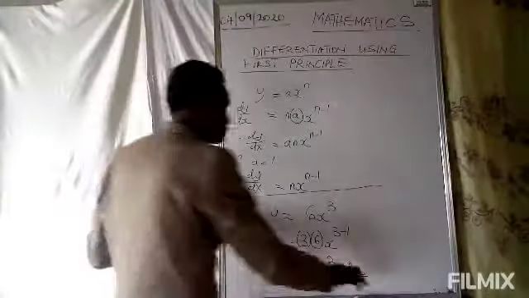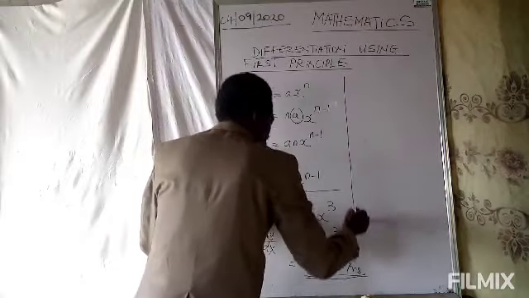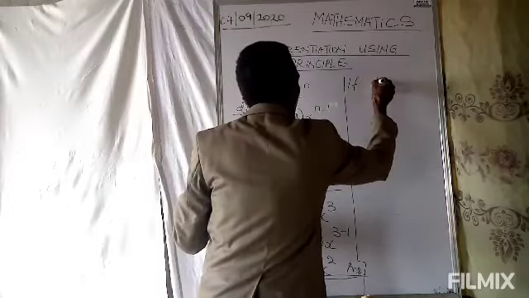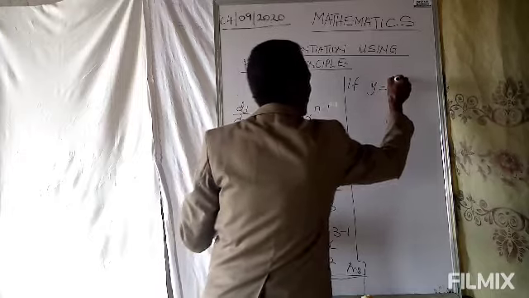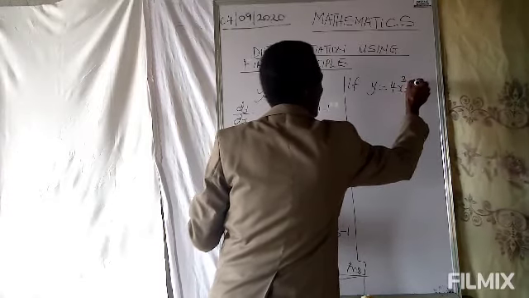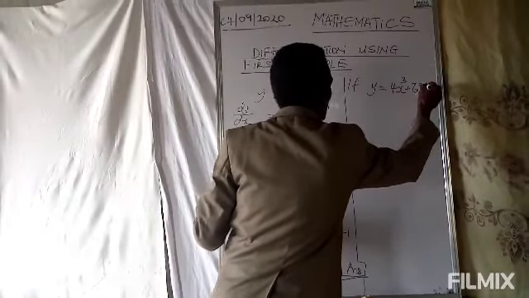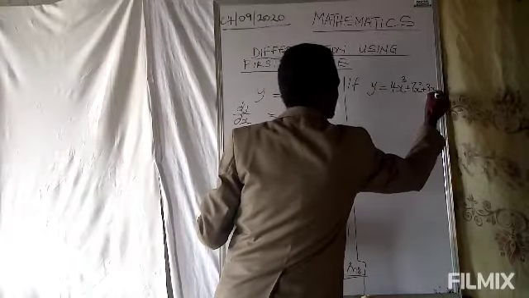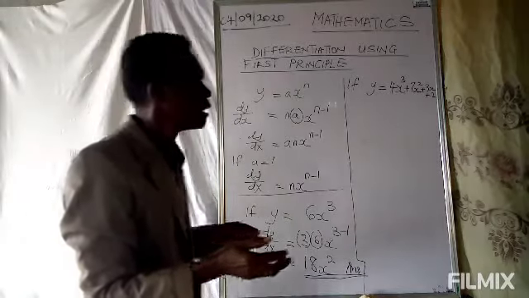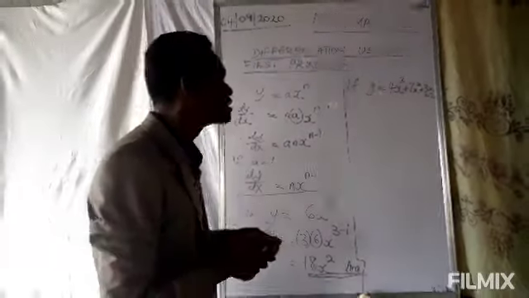Now, I give another example. If y is equal to 4x cubed plus 7x squared plus 3x plus 2, so what is dy dx?